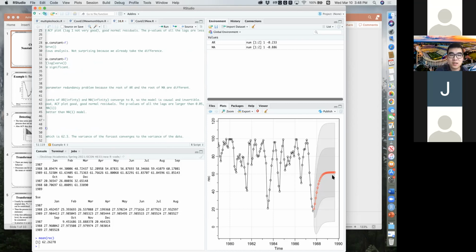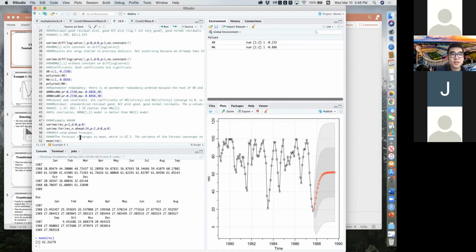This is also exactly what our theory suggests: the variance of the forecast will converge to the variance of the data, and the forecast will converge to the mean. So that's the forecast. After each model's estimation, the next step you want to do perhaps is to do this forecast. Okay, so let me switch to the whiteboard and give you a short summary.